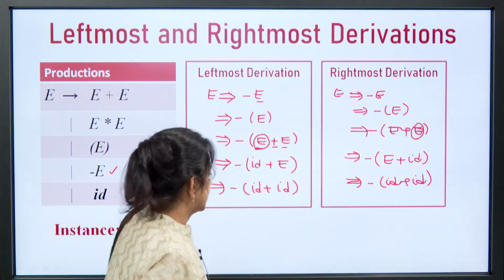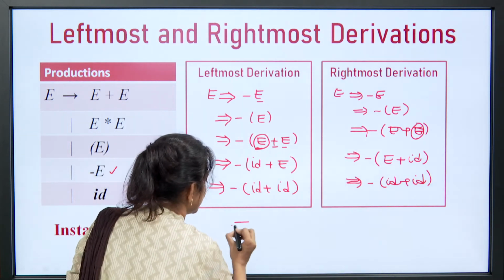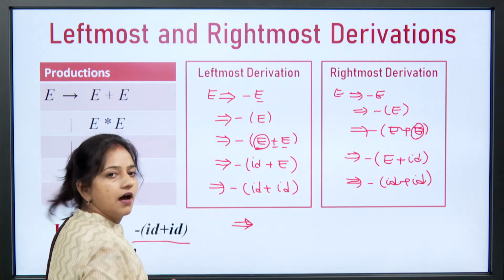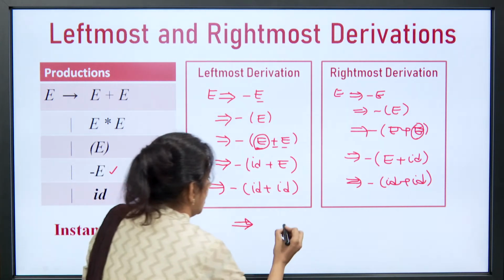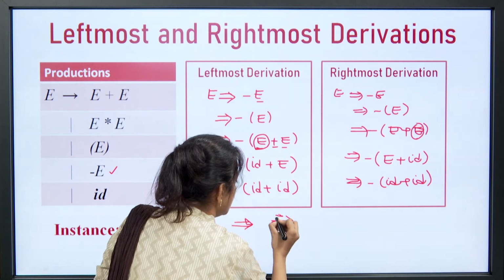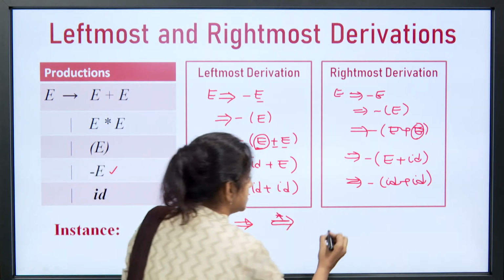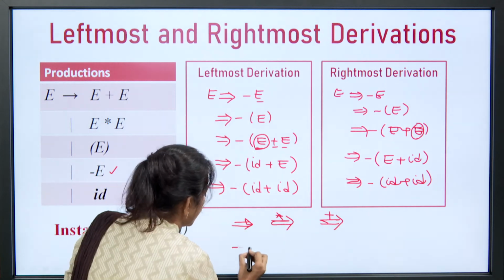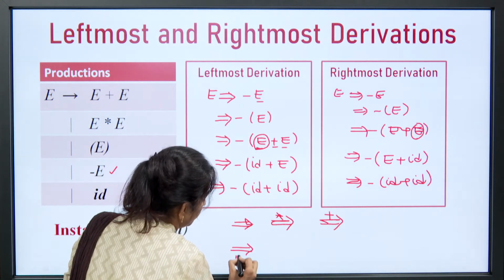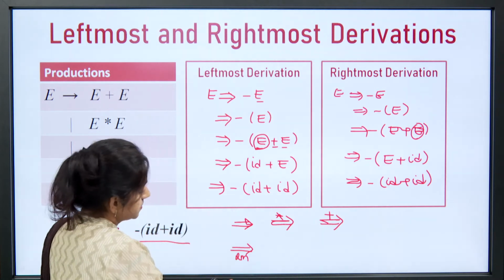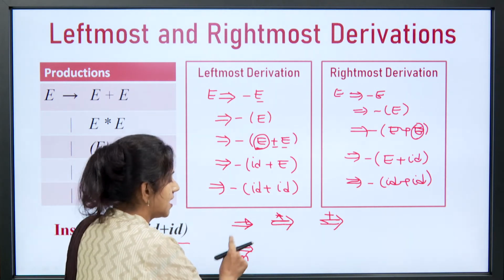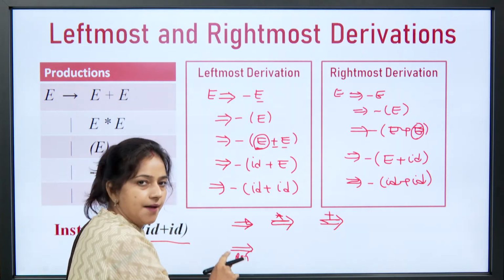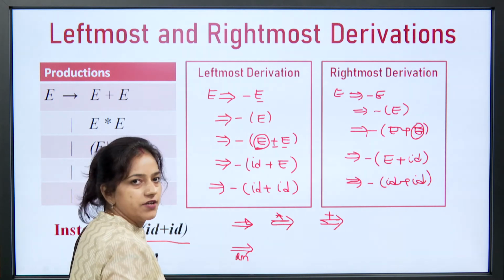Here we will look at certain notations. This arrow says derives in one step, this says derives in 0 or more steps, this says derives in 1 or more steps. Similarly, we can write this, and below it we may write LM. So, it shows LHS derives RHS in one step using leftmost derivation.